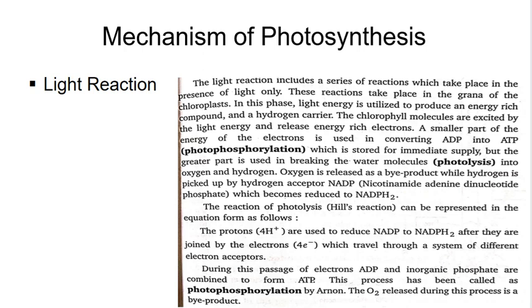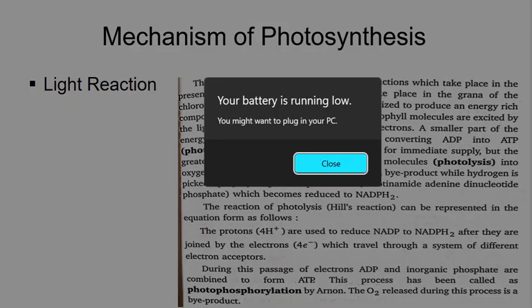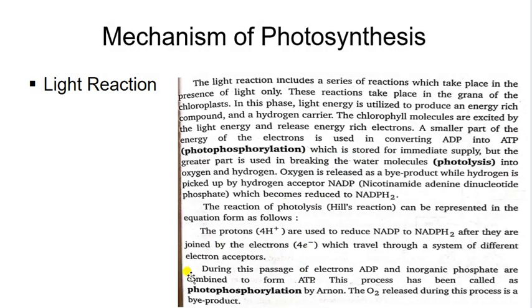The reaction of photolysis, also called the Hill's reaction, can be represented in equation form, like protons 4H+ are used to reduce NADP to NADPH2 after they are joined by electrons which travel through a system of different electron acceptors.